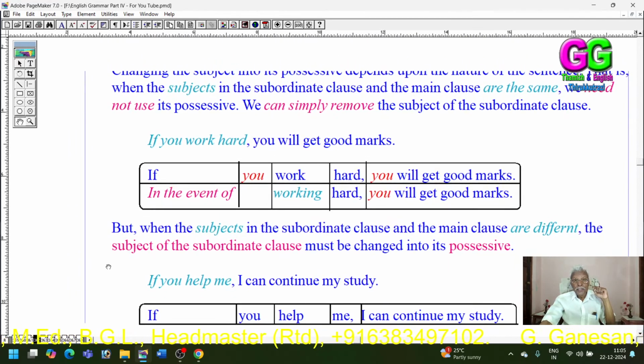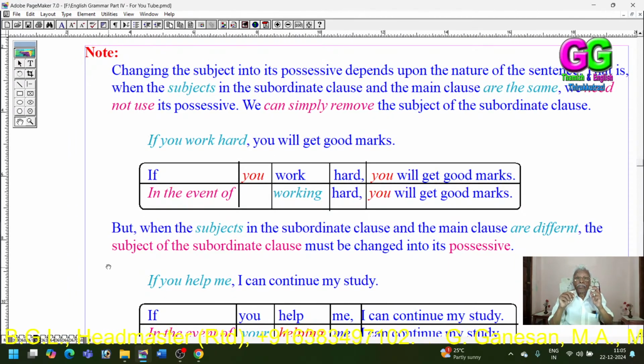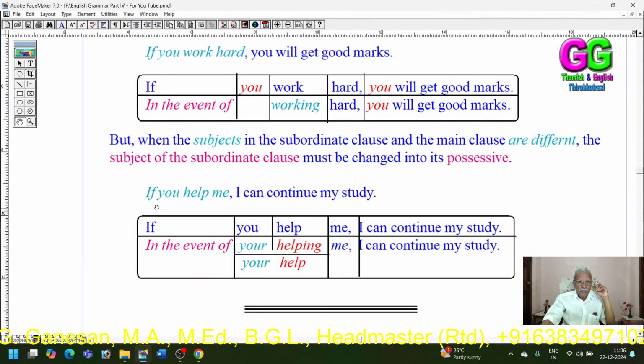Okay. But if the subject of the subordinate class and the main class are different, then the subject of the subordinate class should be converted into its possessive. Okay, look here. If you help me, I can continue my study. My dear students, you see, in the subordinate class, the subject is you.